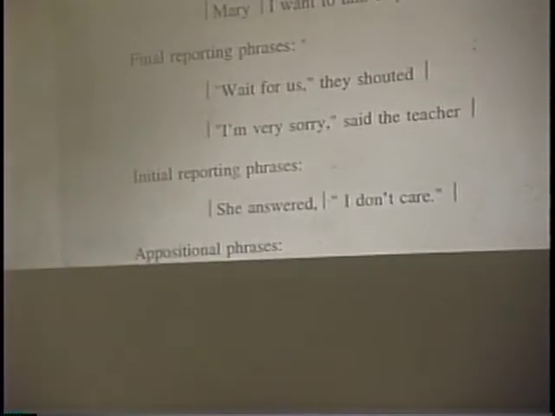Another tendency in English for word group boundary placement concerns appositional phrases. When you've got two phrases which refer to the same thing, have the same grammatical function in the sentence, if that is the case, they tend to be divided from one another by placing a word group boundary between them.